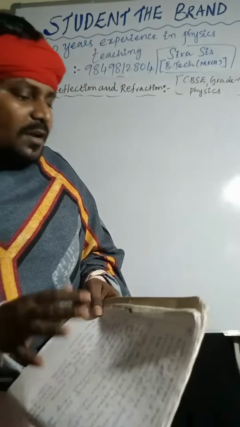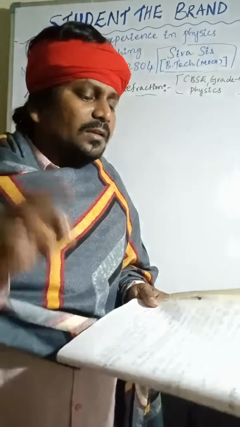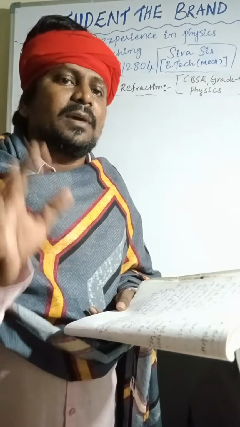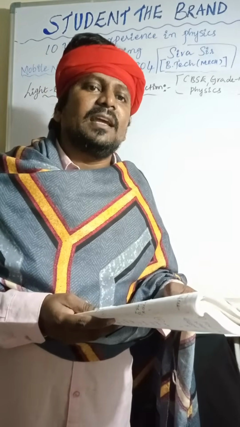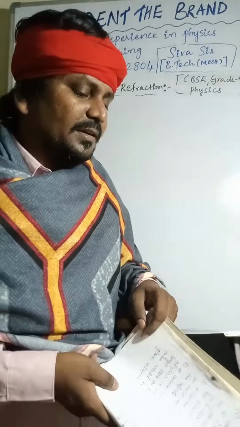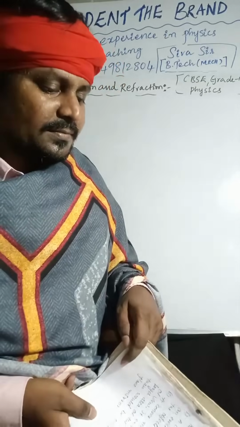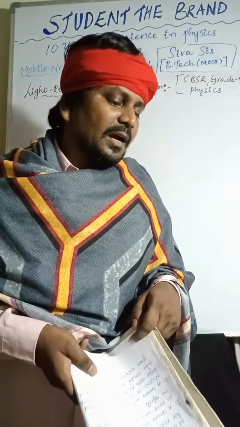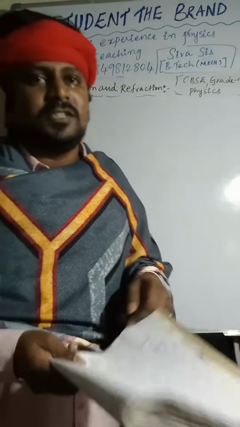Why do we prefer convex mirror as a rear view mirror? Because it gives a wider field of view, and it always forms a virtual, erect and diminished image.